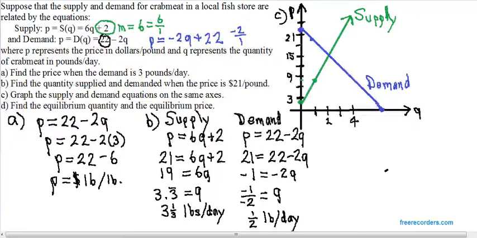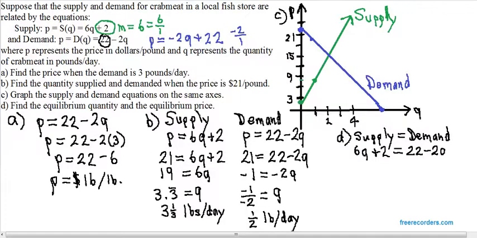Finally, part D. Part D says find the equilibrium quantity and the equilibrium price. Well, you have equilibrium when supply is equal to demand, which in this problem, we're told the supply is 6Q plus 2, and the demand is 22 minus 2Q.